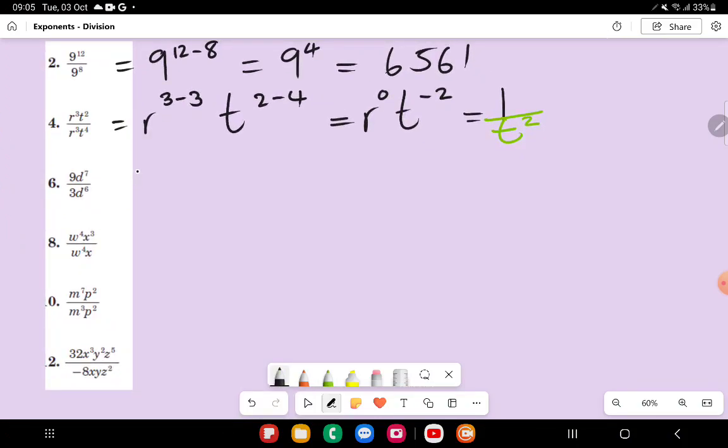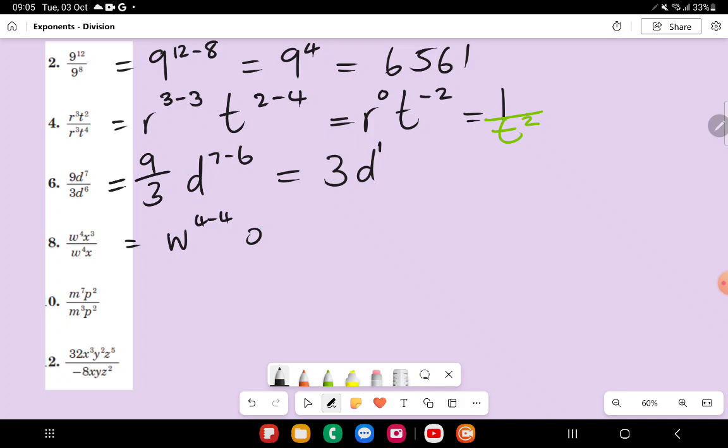Question number 6 becomes 9 over 3, d^(7 minus 6), becomes 3d^1. Question number 8: w^(4 minus 4), x^(3 minus 1) gives me w^0, x^2, which gives me 1 times x squared, or just x squared.